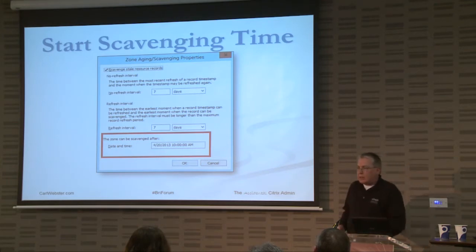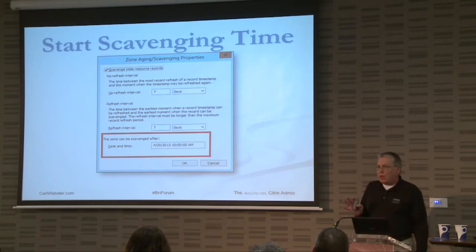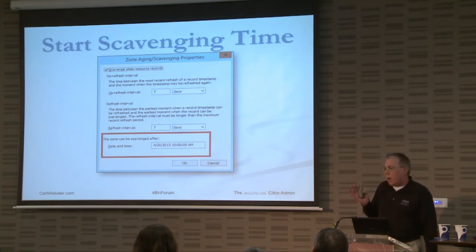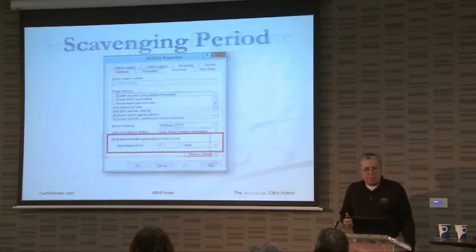When I set this up, I had everything done on April the 13th. So when I got through all the aging and scavenging stuff, you remember my resource record I created was created on April 13th at 10 a.m. So the scavenging time is set for 7 days later, April 20th at 10 a.m.